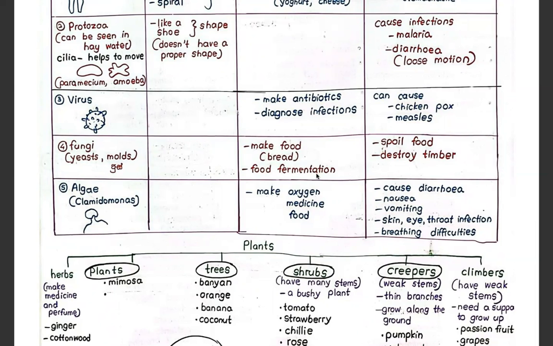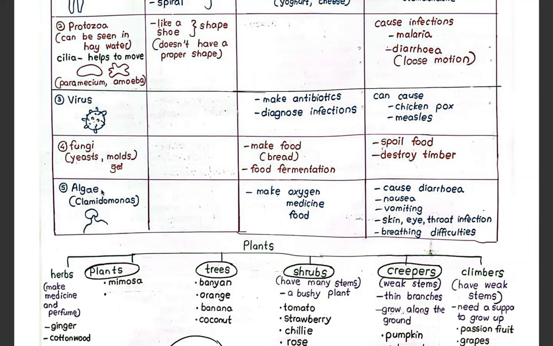And for food fermentation, you can use fungi. And what are the harmful effects of fungi? It spoils our food and it destroys timber. Fungi rot and damage timber, right?